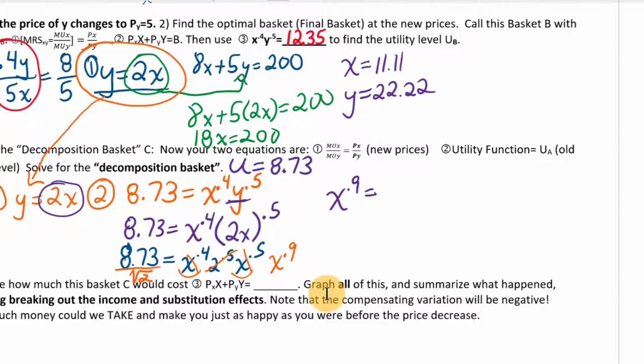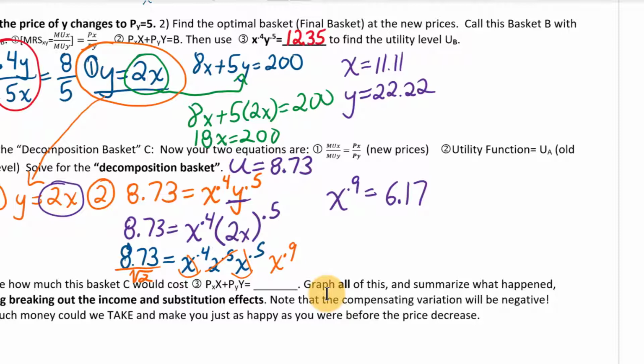I get about 6.17-ish. And again, when I do this, I usually will leave all the decimals in the calculator for further computation.